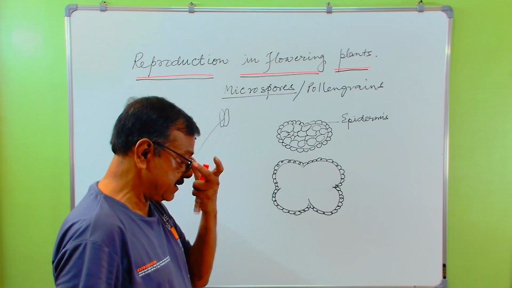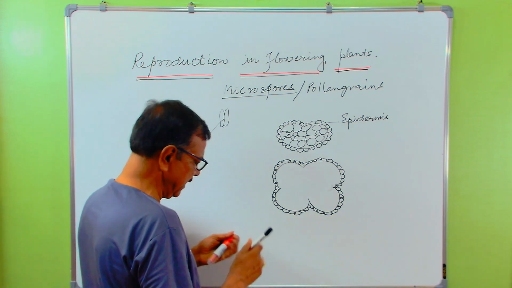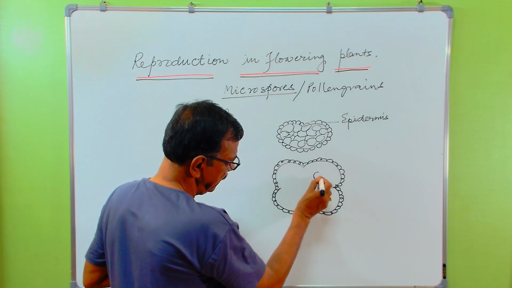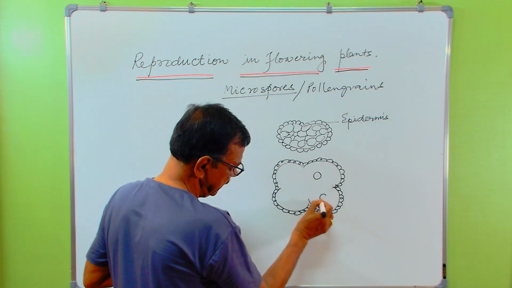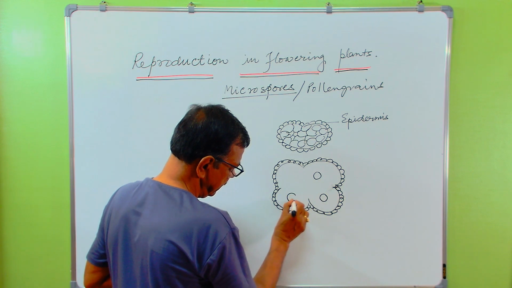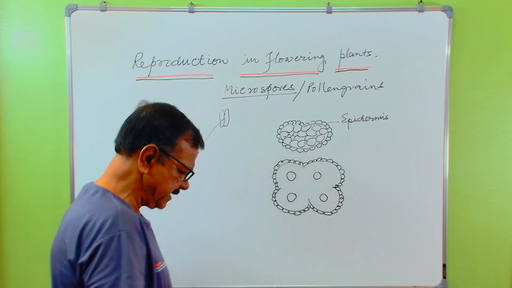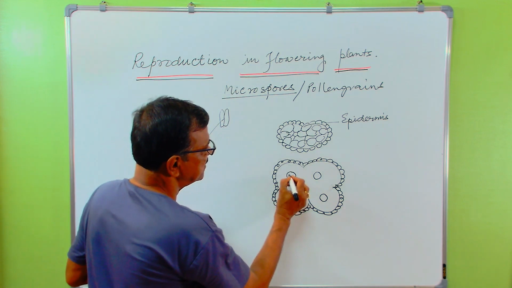In hypodermal cells, some of the cells become dense.